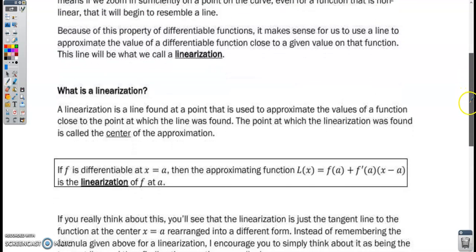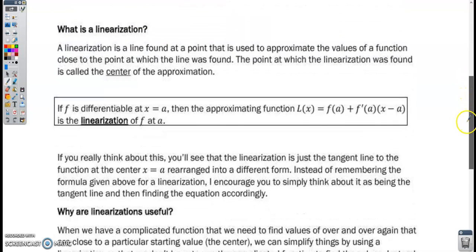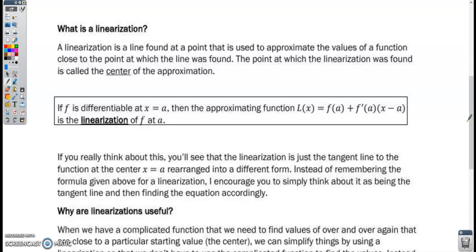What is a linearization? A linearization is a line that's found at a point that is used to approximate the values of a function close to the point at which the line was found. The point at which the linearization was found is called the center of the approximation.